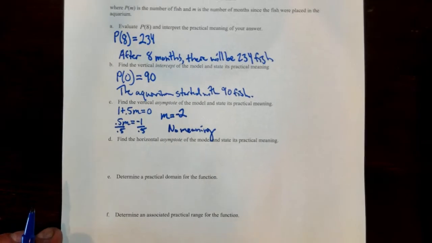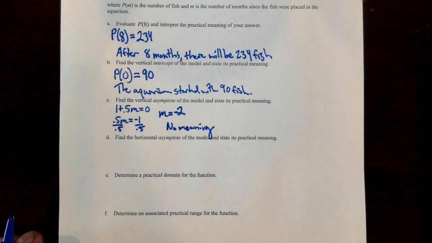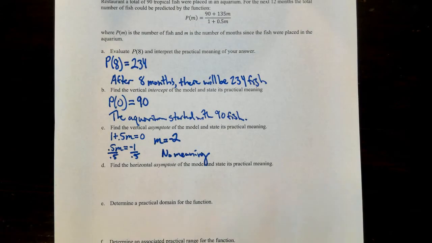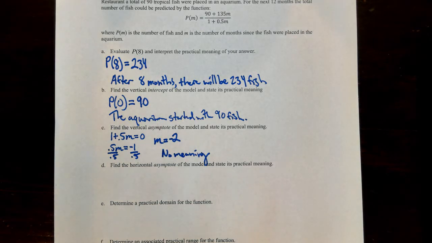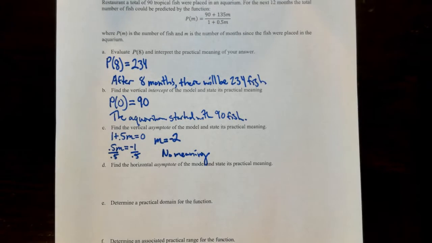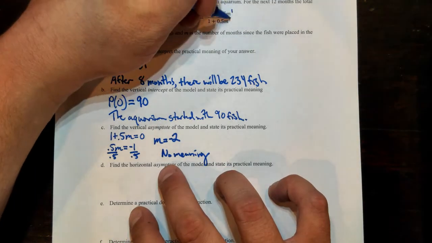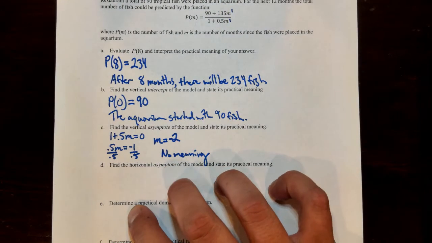Then D, find the horizontal asymptote of the model and state its practical meaning. So here, for the horizontal asymptote, we want to look at the highest degree term in our polynomials. And when I say degree, I mean the highest exponent. In this case, this would be an exponent of 1.